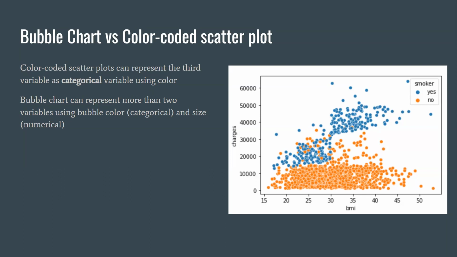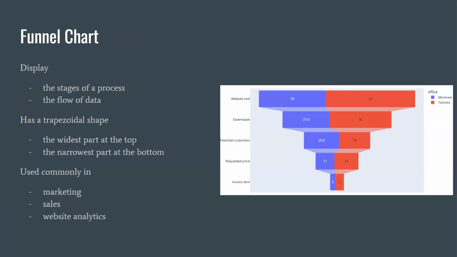If you're looking to highlight distinction between categories or groups within your data, a color-coded scatter plot could be more effective. In both cases, I'll say it's important to design your visualization with clarity and ease of interpretation in mind to ensure that your audience can quickly understand the insights you're presenting.